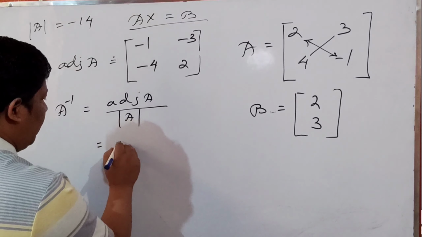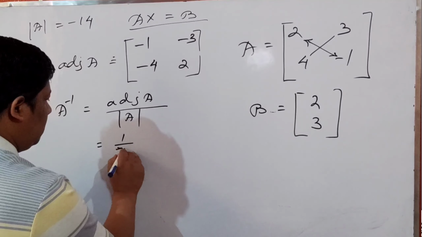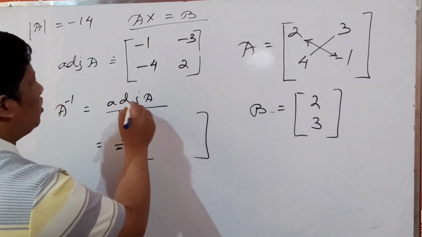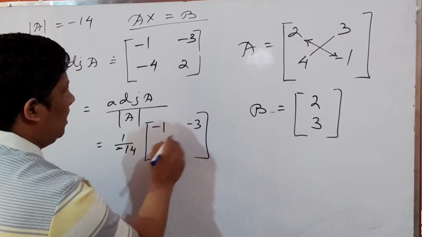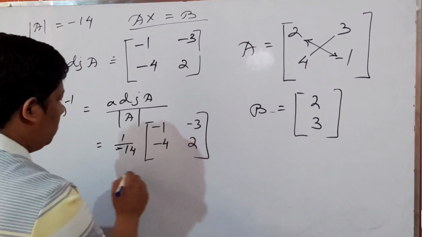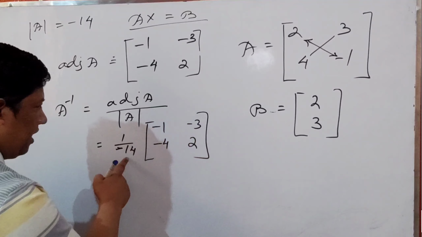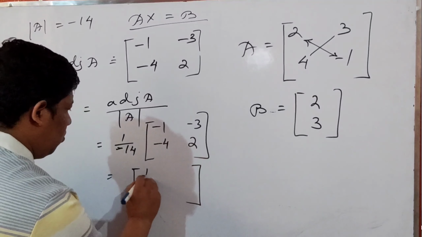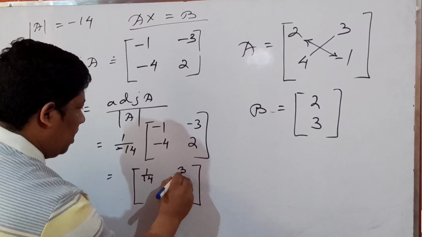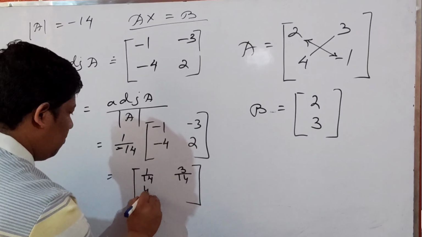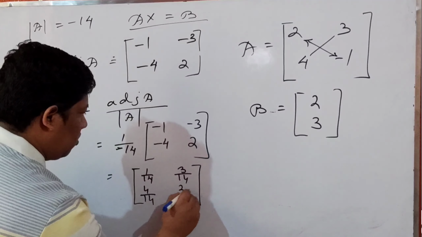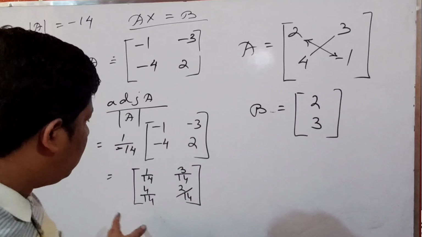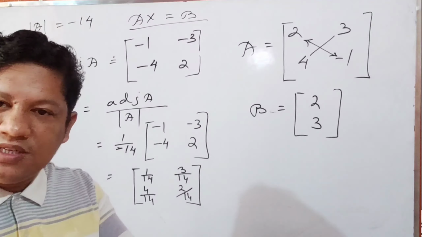So the determinant of A is minus 14, and the adjoint of A is minus 1, minus 3, minus 4, 2. So I divide all this part by minus 14. So I get 1 upon 14, 3 upon 14, 4 upon 14, and minus 2 upon 14, and that is the inverse. So my students, I think you understand what I am going to discuss here.